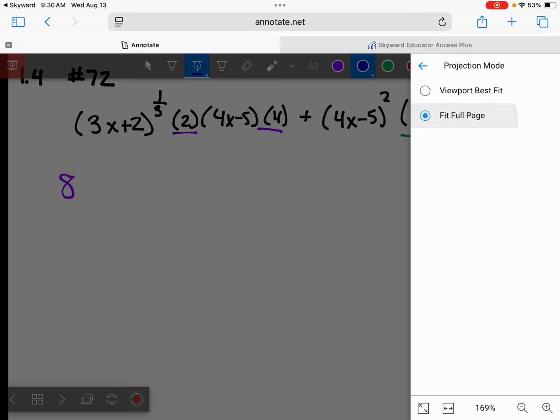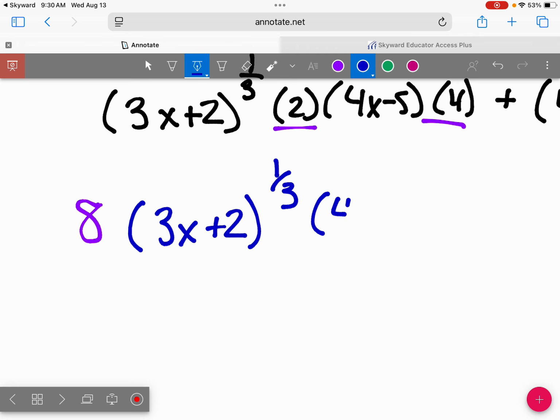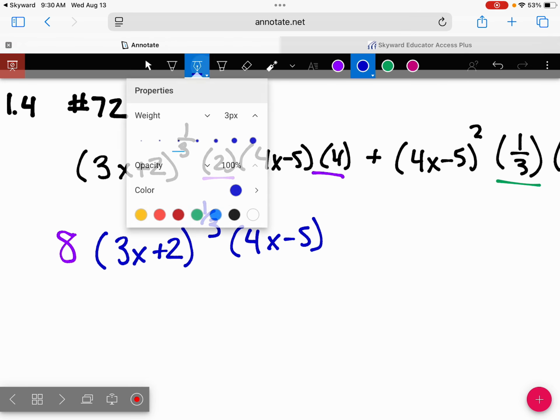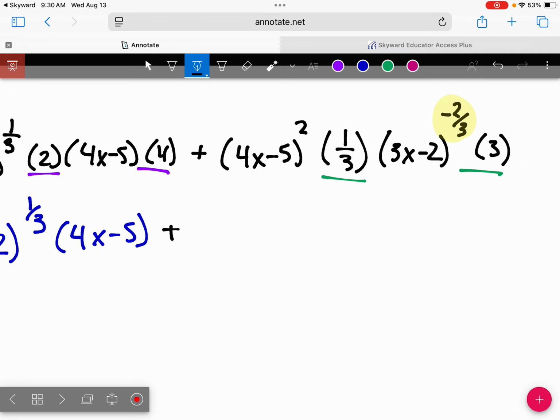So we have our 3x plus 2 to the 1/3, and our 4x minus 5. And on the right-hand fraction, I've got my constants. I have 3 and 1/3. What happens when you multiply 3 times 1/3? We just get a 1.